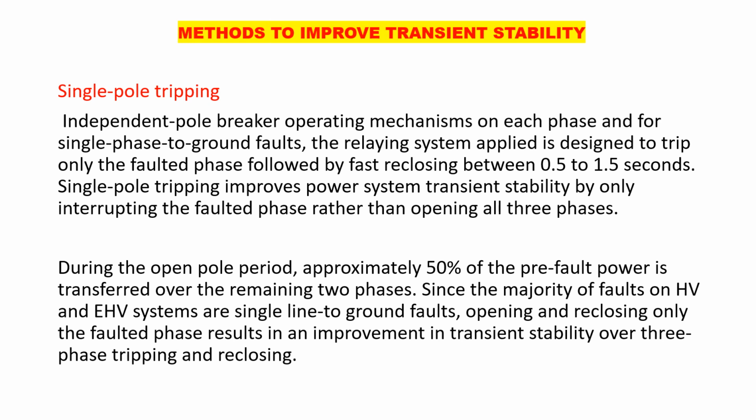Normally on 220 kV and above, almost all the breakers are singly operated breakers, and it is very easy to set the distance relay or the equalizing relay for single pole tripping when the other two poles remain intact. So this helps in improving the transient state stability and also the steady state stability of the system.